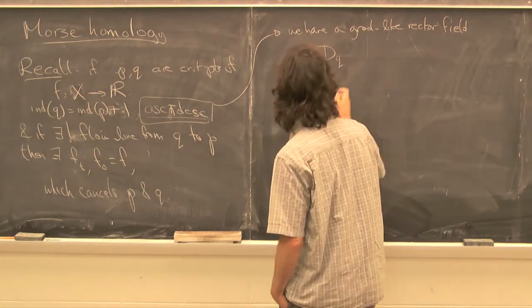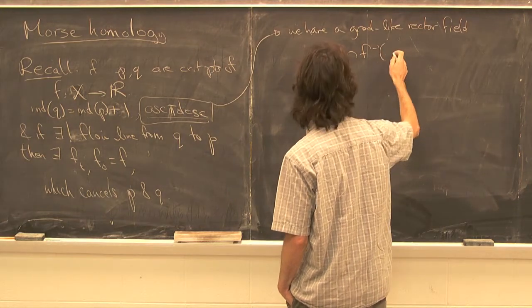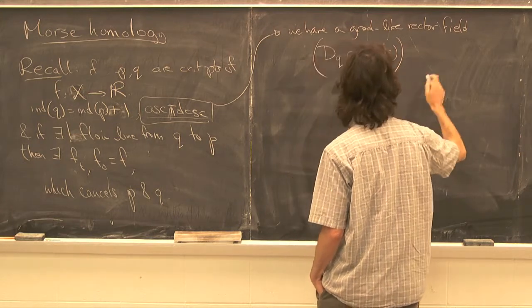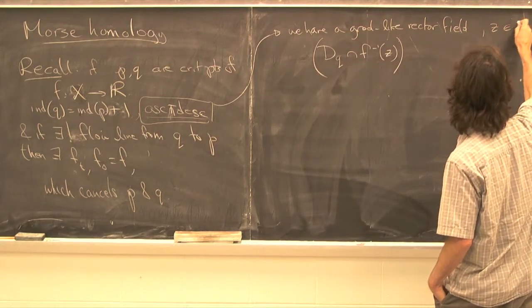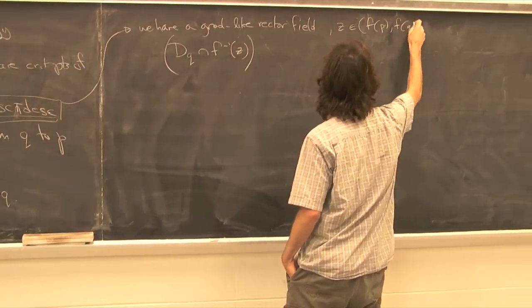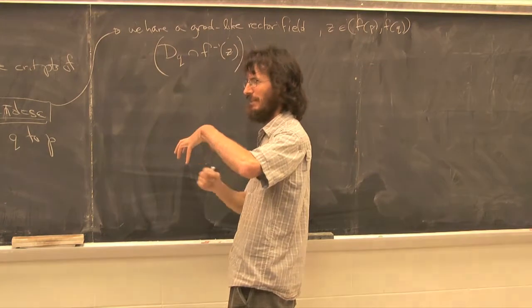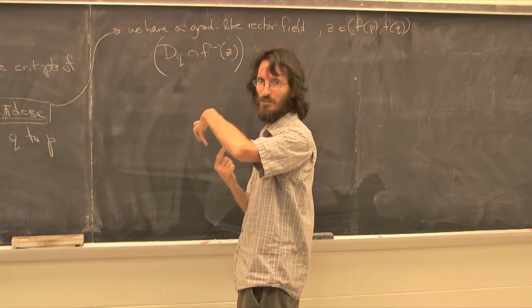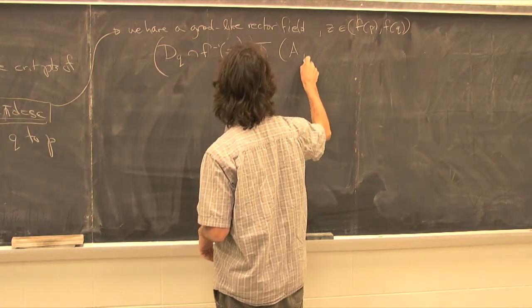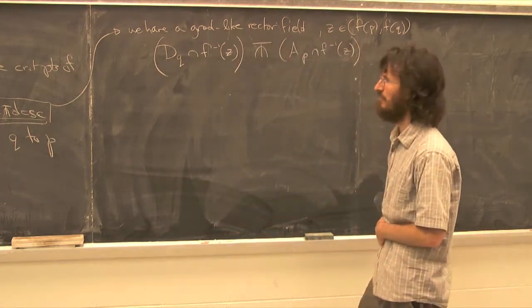So if I take the descending manifold intersected with f inverse of some value z, so some regular value between f of P and f of Q, then I can look at the descending manifold for Q inside that level set, so that's going to be a sphere in general. And I want that to transversely intersect the ascending manifold for P inside that level set. That's what that transversality means.